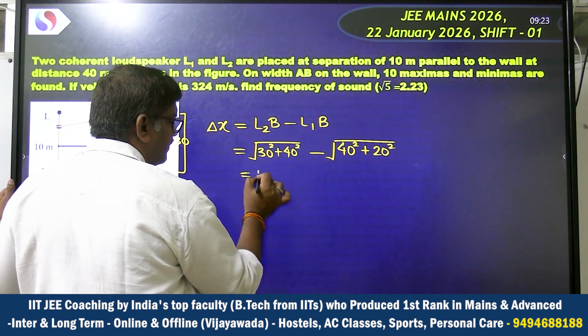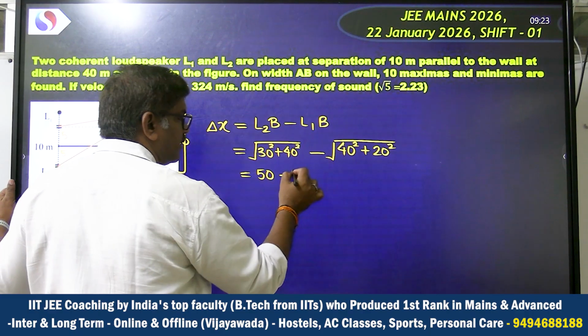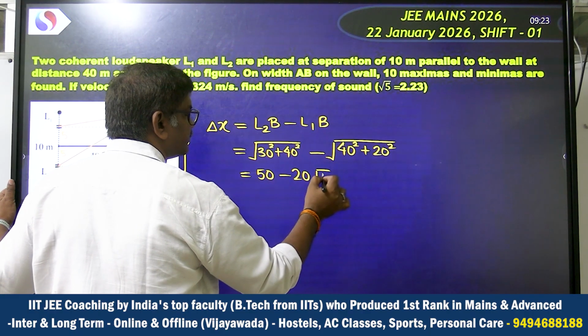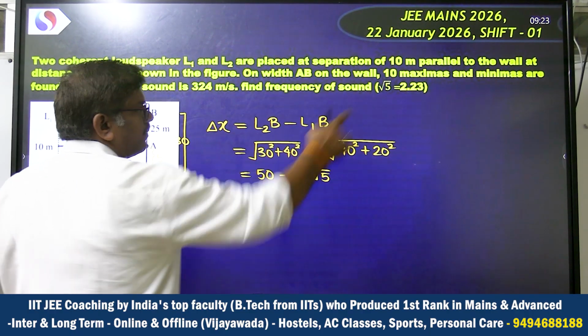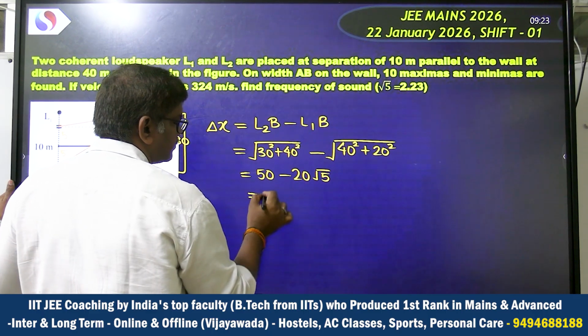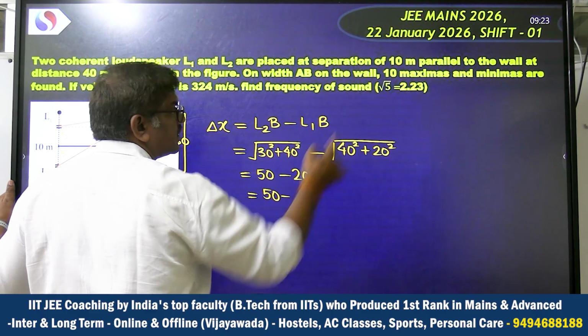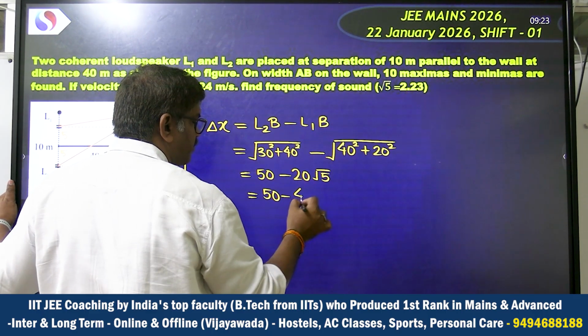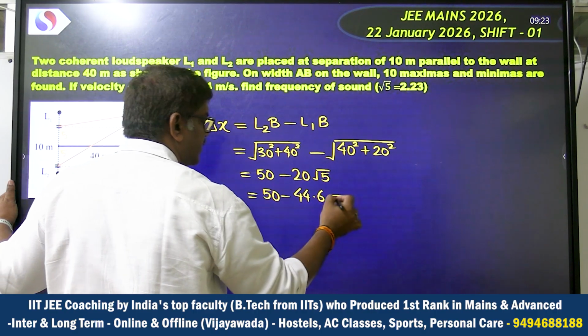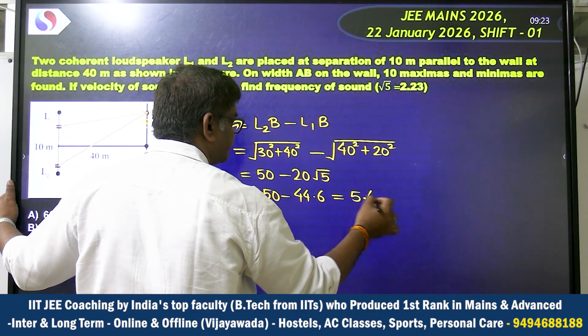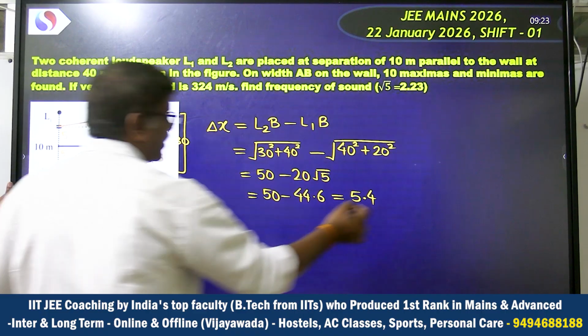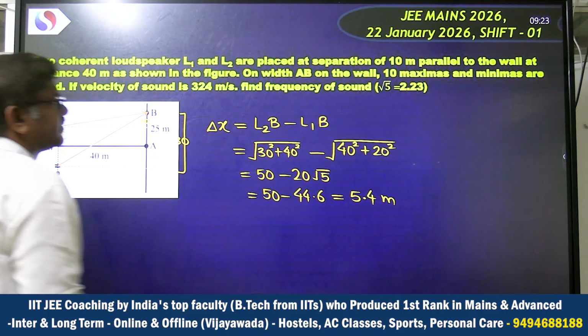So this value will be 50, and this value will be 20 root 5. Root 5 is 2.23. So 50 minus 44.6 gives you 5.4 meter, that is your delta x.